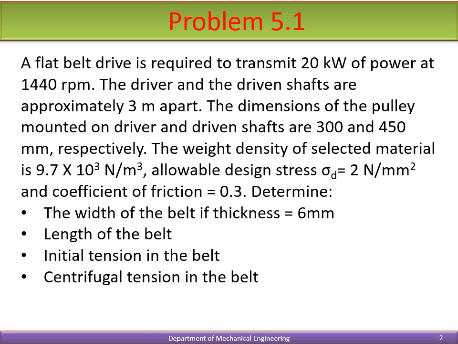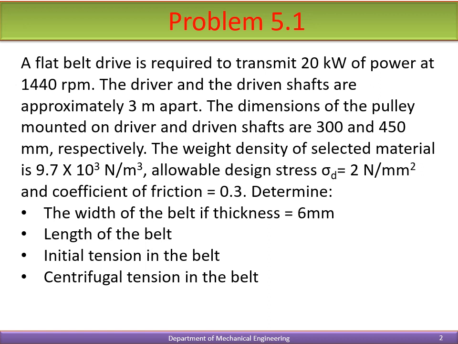The distance between the driver and driven shafts is approximately given, the dimensions of the pulleys of the two shafts are given, the weight density of the selected material, the allowable design stress, and the coefficient of friction are given. We are asked to find the fundamental dimensions of the belt, and the initial tension and centrifugal tension of the belt.